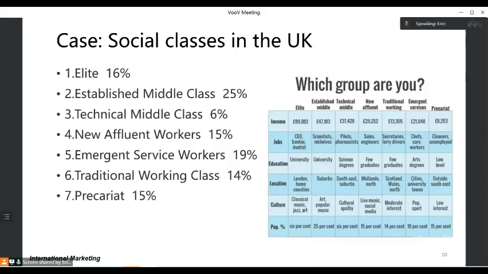This is not the traditional class classification. This is the new stratification in the UK. We knew that the BBC invited a famous scholar, I forgot the name, to do research, an online survey, to discuss these social classes.